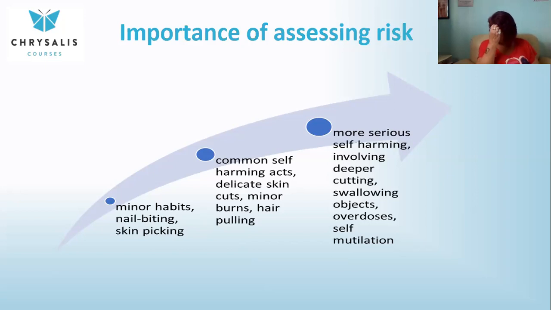Now, for parents, it can be difficult because a parent might be desperate for their young person who's self-harming to come to counselling, and they think that you're going to help that person stop self-harming. Well, hopefully you will long term, but in the short term, it can be difficult for parents to understand that the person still needs to continue with their self-harming behaviour.